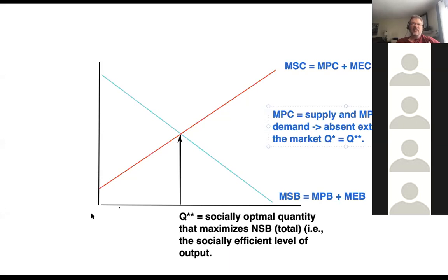Economists use this language: the competitive market is a mechanism for achieving a socially optimal outcome. It doesn't define what a socially optimal outcome is. Does that make sense?